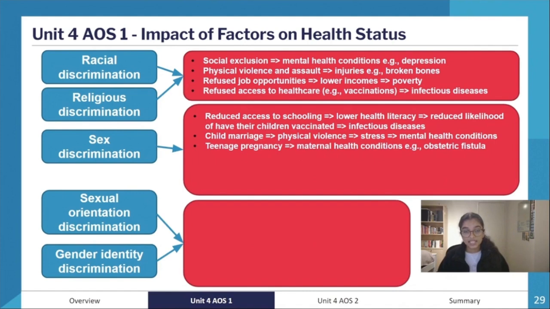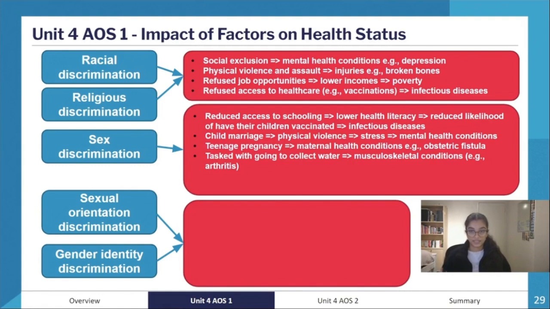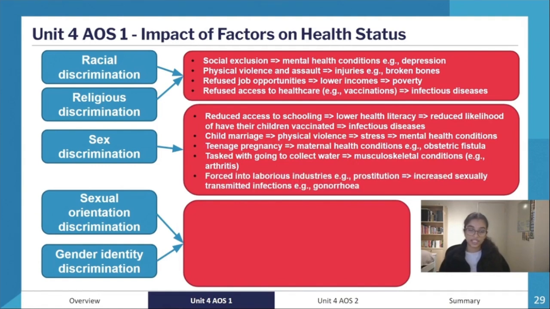Teenage pregnancies as a result of discrimination. We have many women and girls being tasked with going to collect water, which leads to musculoskeletal conditions. And then girls and women being forced into laborious industries, like prostitution, increasing your risk of STDs and STIs.